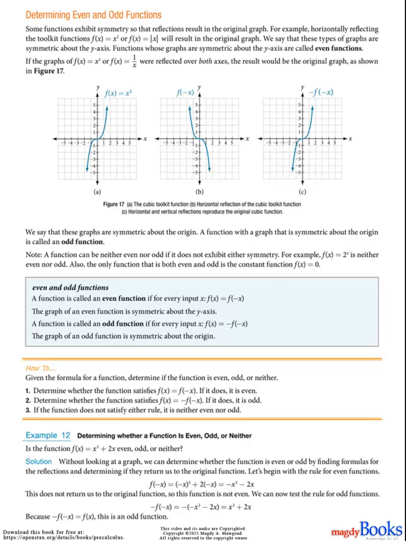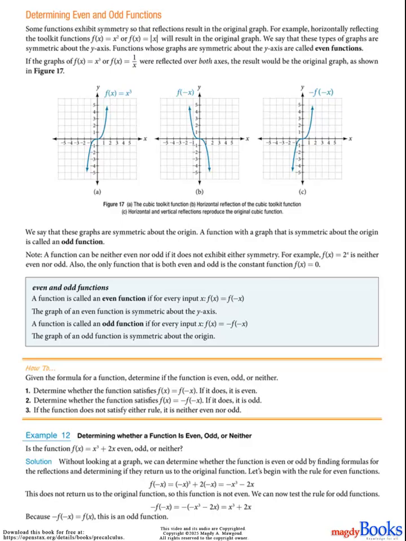Figure 17. A. The cubic toolkit function, f(x) = x cubed. B. Horizontal reflection of the cubic toolkit function, f(x) = f(-x). C. Horizontal and vertical reflections reproduce the original cubic function, f(x) = -f(-x).